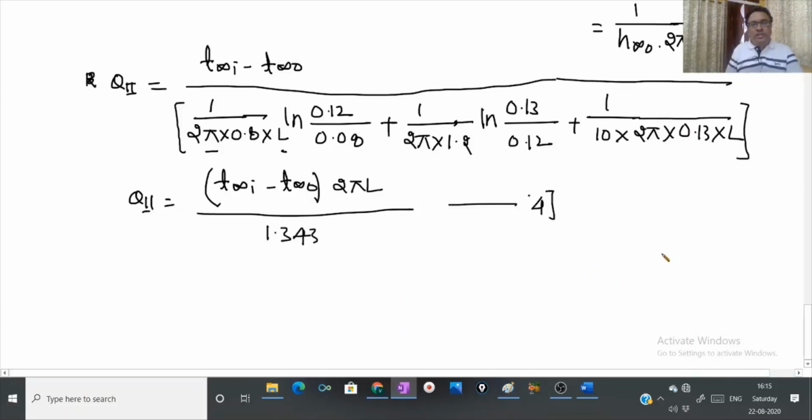Let's say this is equation number 4, the heat loss from the system in the second case.